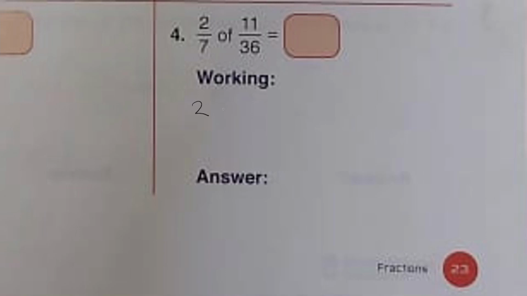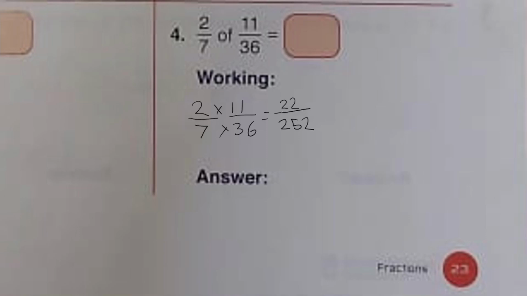Okay, so 2 times 11 over 7 times 36. Okay, so that equals 22 over 252.